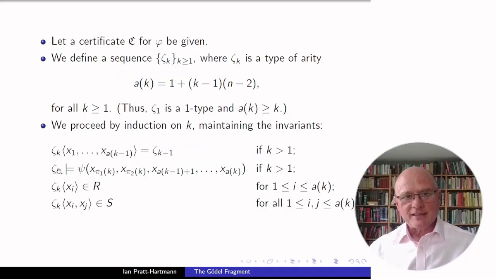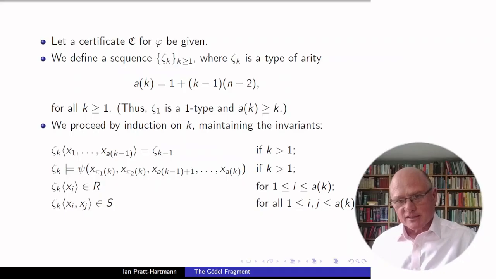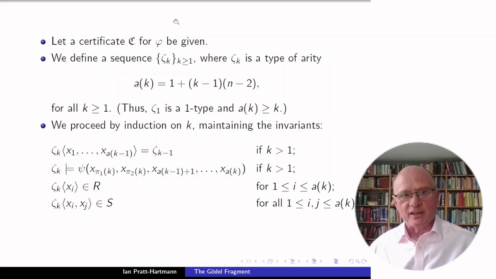Okay, next invariant. For k greater than 1, this is a bit funny. Remember, psi is the quantifier-free part of our formula phi. The formula phi says for all x1, for all x2, there's a bunch of things, x3 up to xn, satisfying psi. And this invariant will say the following.